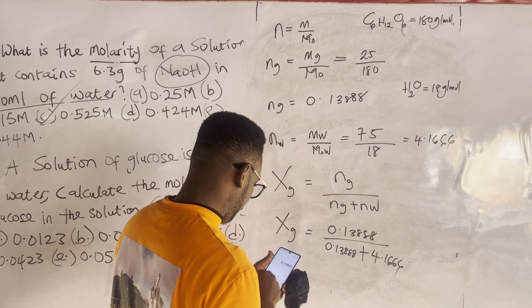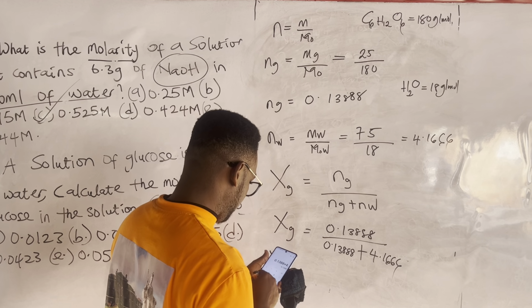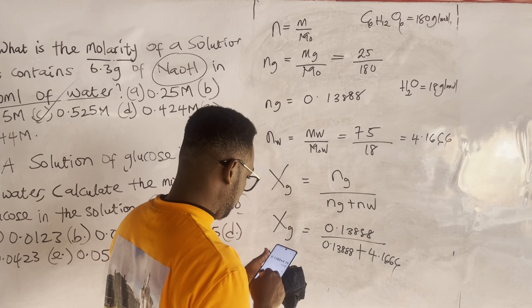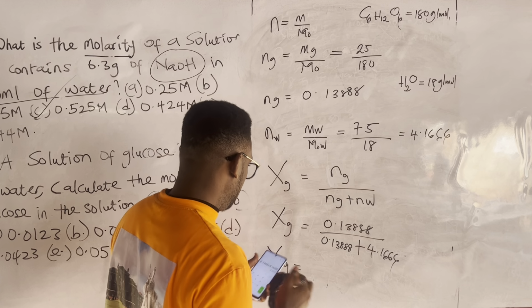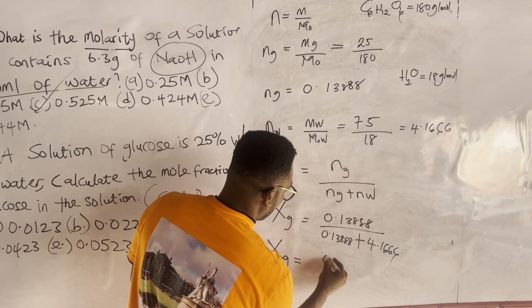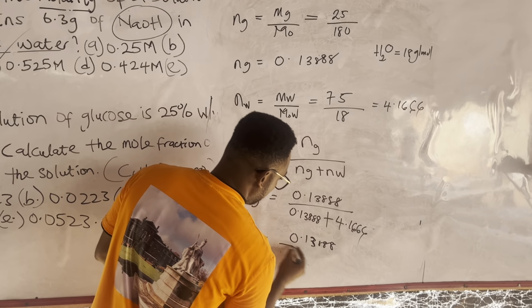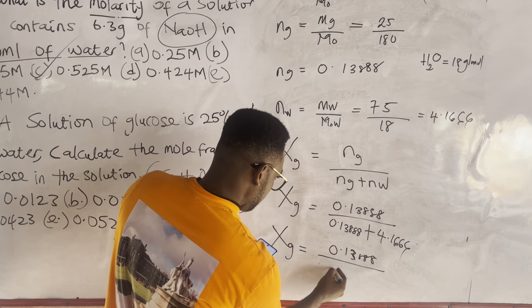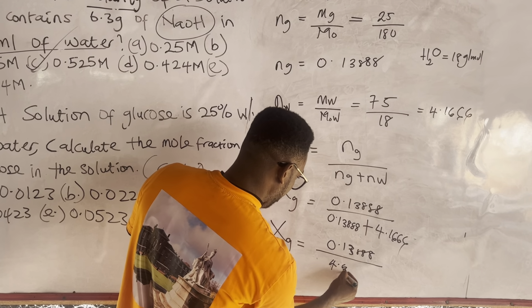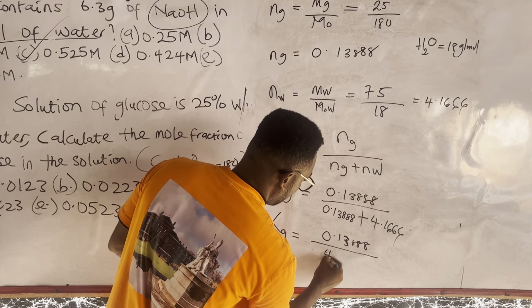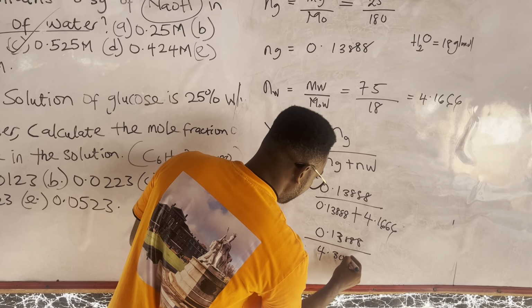So the sum is 0.13888 plus 4.1, which gives us 4.3054.